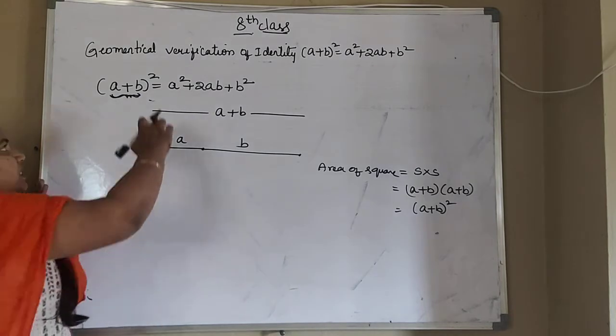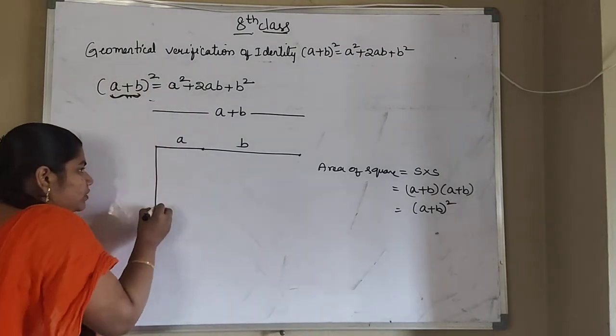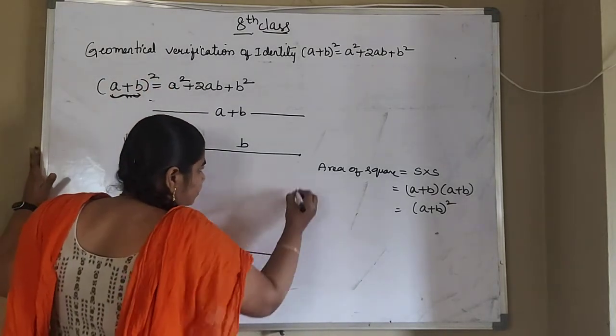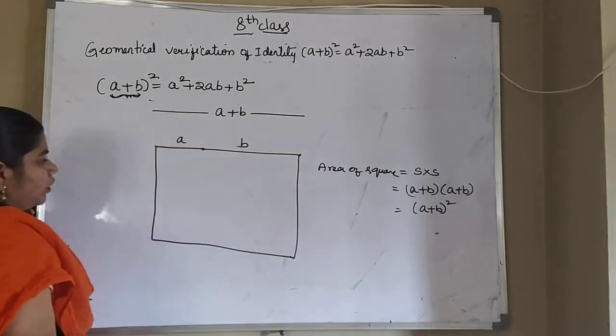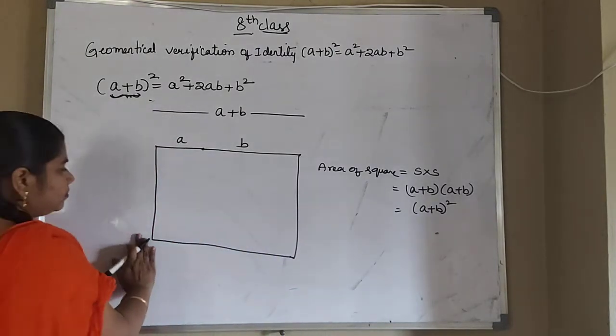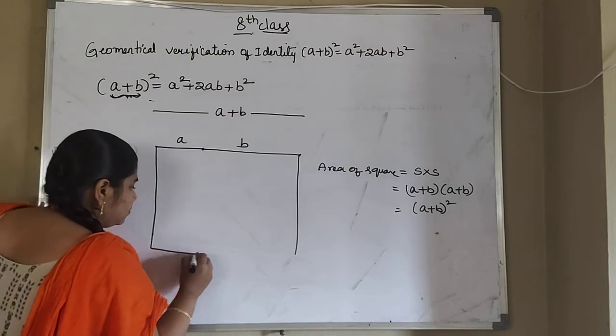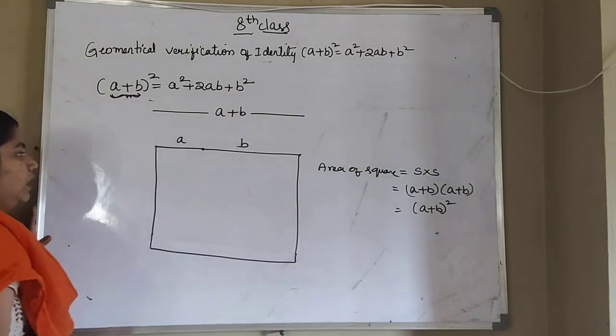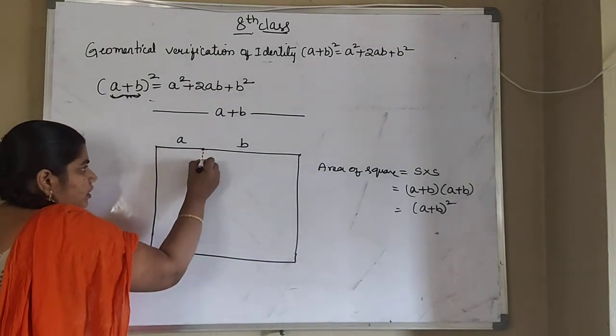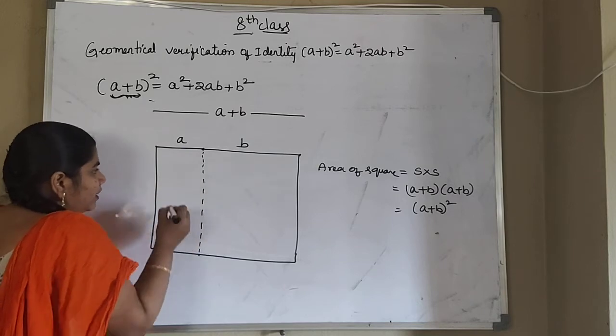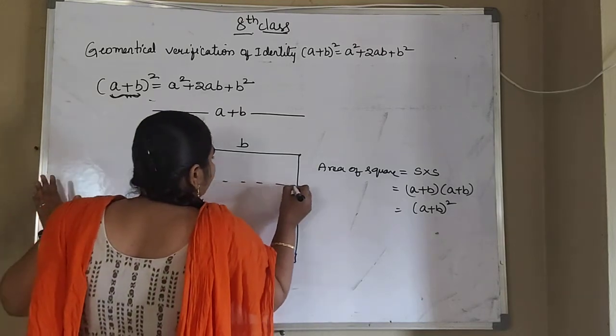Now with the help of this line, you draw one square. Now I am joining the points here. From this point I am taking one line, and from this point I am taking one line.